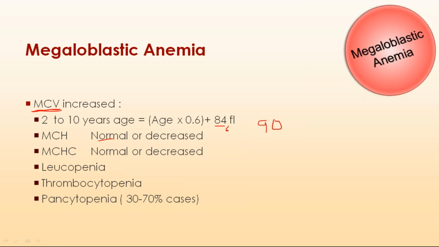Above 90 femtoliters is called megaloblastic. If it is a 5-year-old child, 5 into 0.6 is 3, so 84 plus 3 is 87. Anything above 87 is megaloblastic. So these are rough indicators.